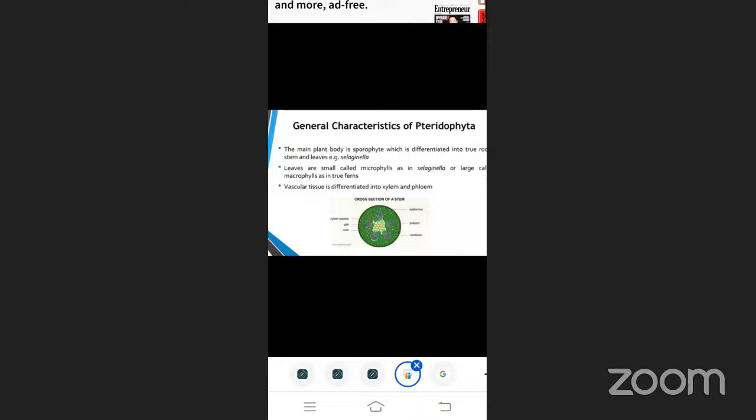There is no secondary growth and no long stem-like structure. Only the primary, primitive structure of the stem is present.